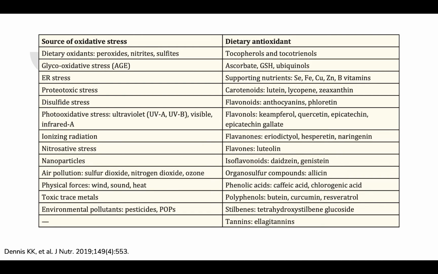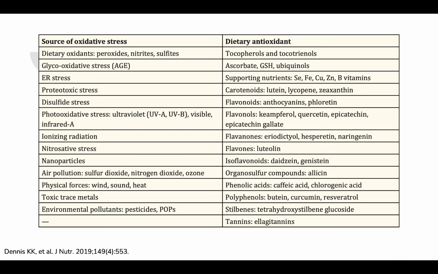But first, let's talk a little bit about the broader scope of this. Across a lifespan, individuals are exposed regularly to dietary oxidants and glycooxidative stress, so this is a connection towards aging. There are advanced glycation end products that occur through the aging process.